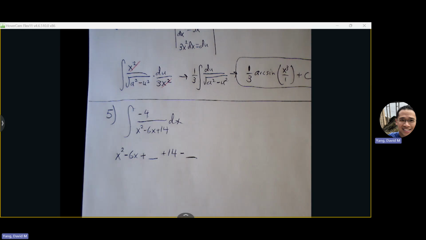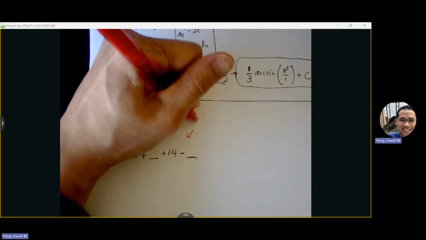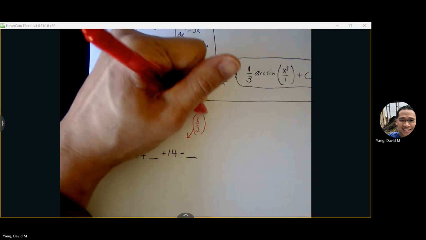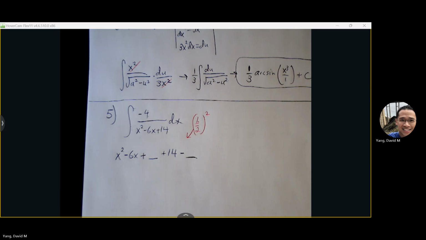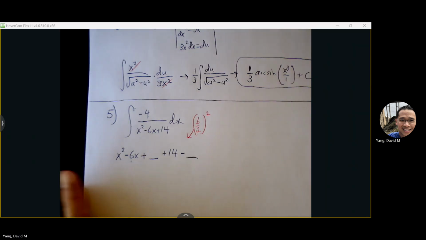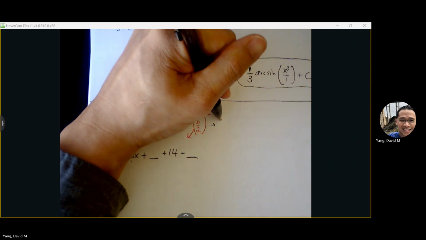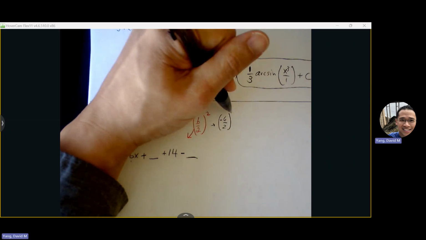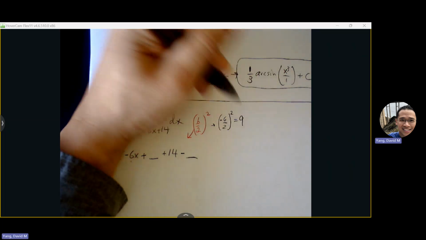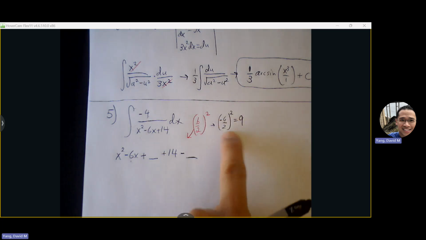Okay. So my formula is b over 2 squared. My b value is the coefficient in front of my second term. So my b value is -6. -6 over 2. We're always going to get a positive number because we're always squaring it.